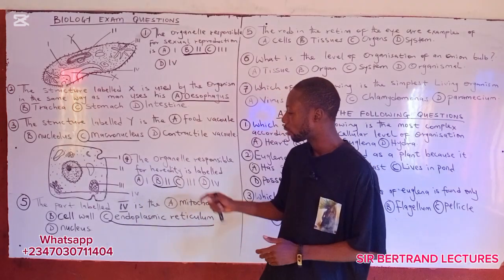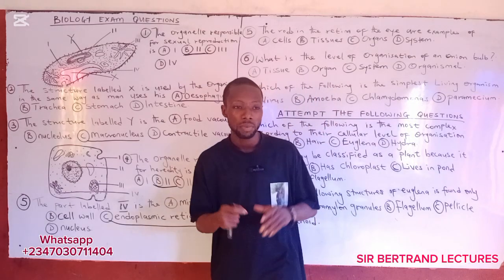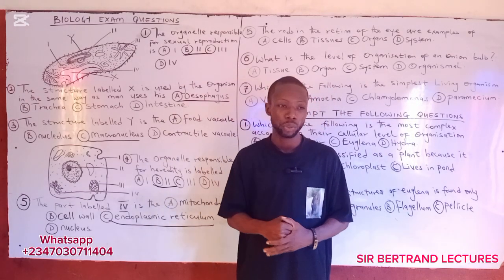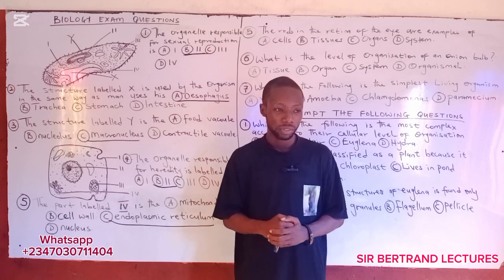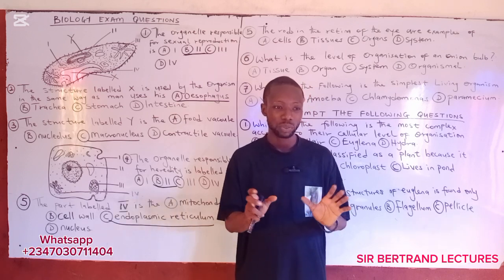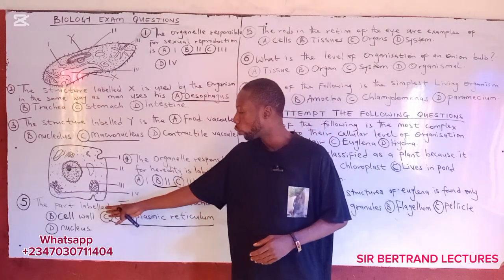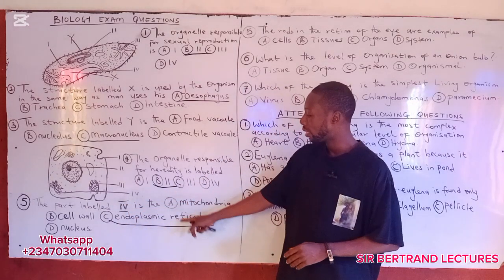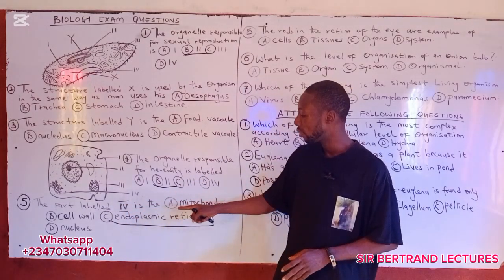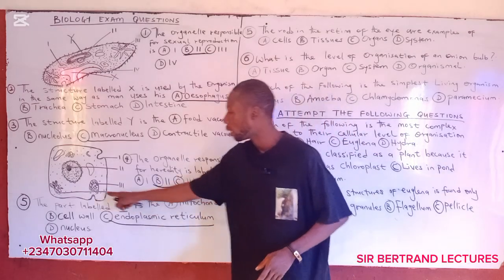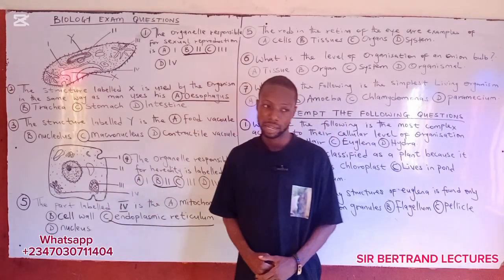While the smooth endoplasmic reticulum lies very close to the cell membrane, and because of the absence of the ribosome, that's what makes it look smooth in appearance. But according to what we have here in the options, the answer to the question is endoplasmic reticulum. That is the name of the part label IV in the diagram.